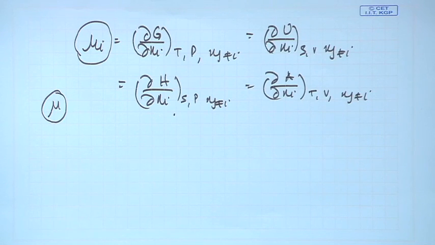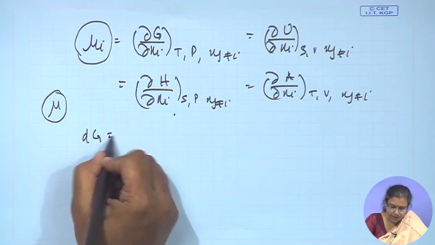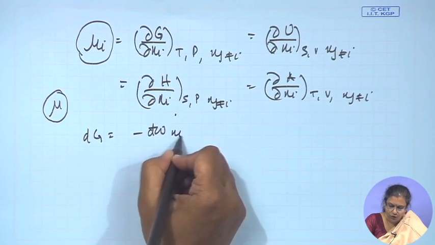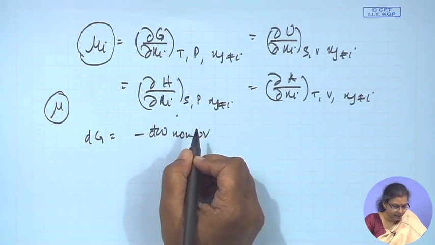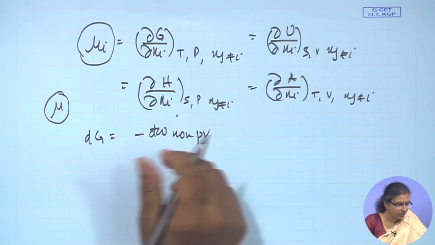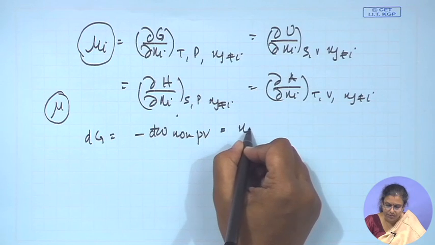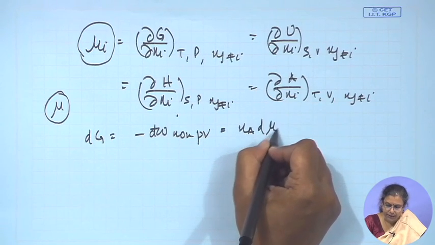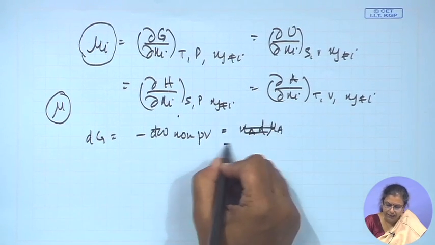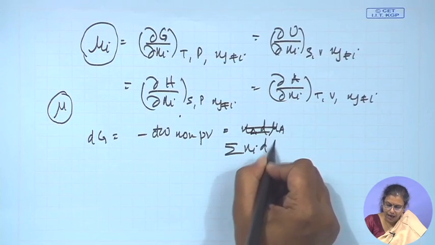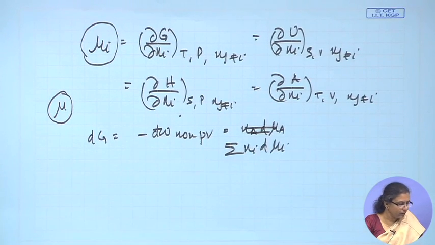The other thing which is of importance in this particular case is that we very well know that dG equals minus dW non-PV. This also we had defined under some particular conditions. So, therefore, what does this imply? This is equal to n_A d mu_A, or in other words, if I write it in general, it is n_i d mu_i. So, from this what do we deduce?